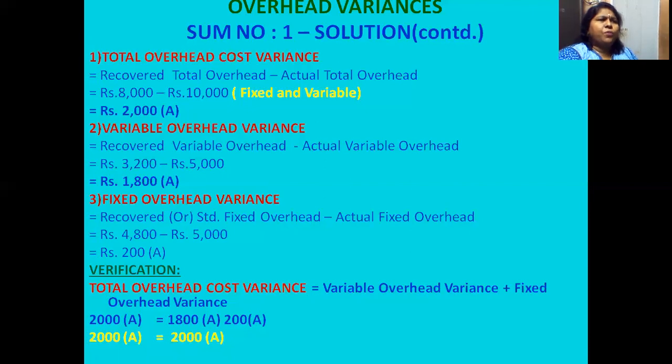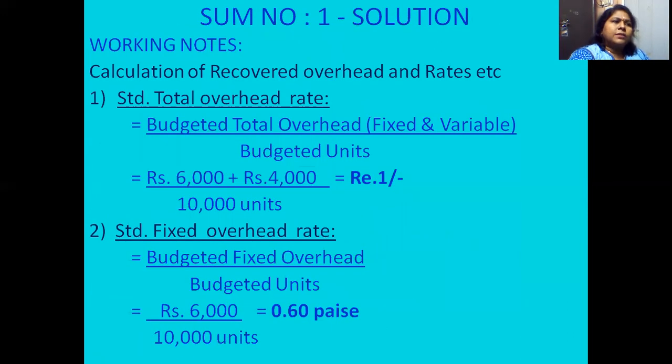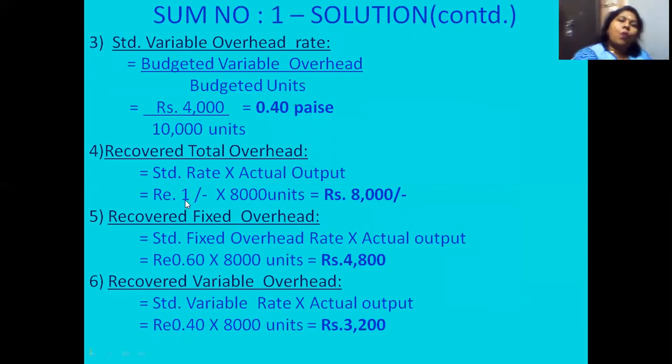So when you have this kind of problem, how to calculate the overhead variance? First, you need to calculate the overhead rate. How to calculate the overhead rate? Either for total, or for fixed, or for variable. After calculating the rates for total as well as fixed and variable, next we'll move on to calculate the required total overheads.